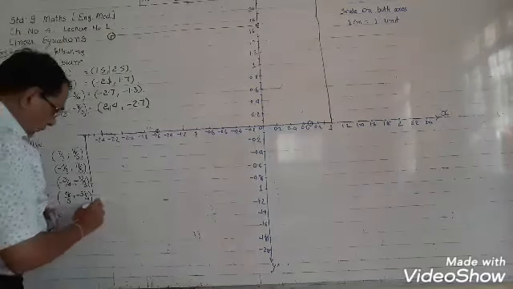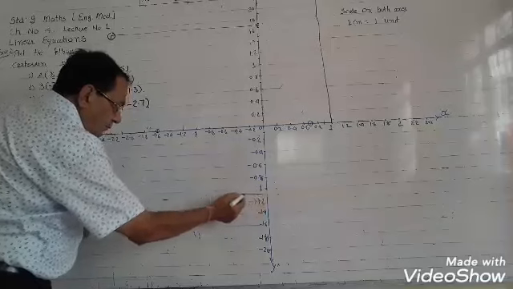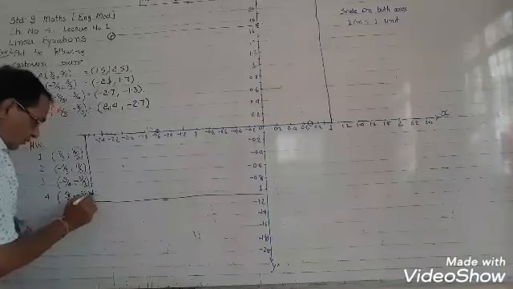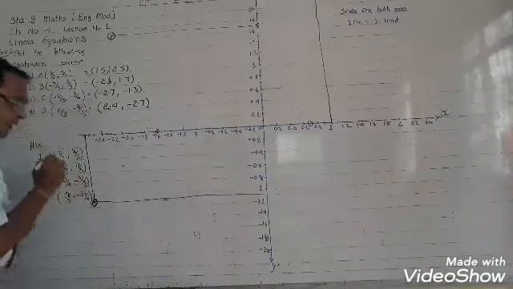And minus 1.3: where is minus 1.3? It is here. Okay.